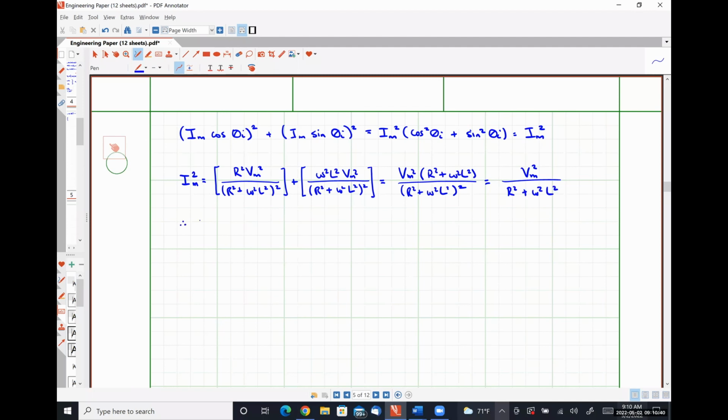Or finally here, the magnitude of our current, Im, is Vm over the square root of r squared plus omega squared L squared. So we know what the magnitude of our current is purely in terms of our component values effectively.